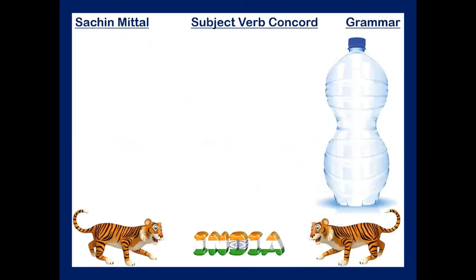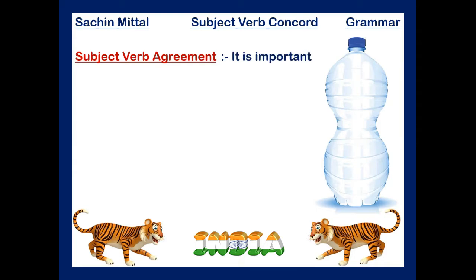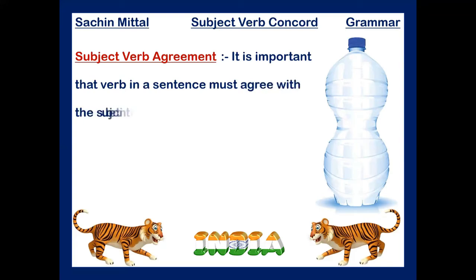Well, students, this chapter is also named the subject verb agreement. Now what exactly is this chapter all about? It is very important that the verb in a sentence must agree with the subject in the same sentence.